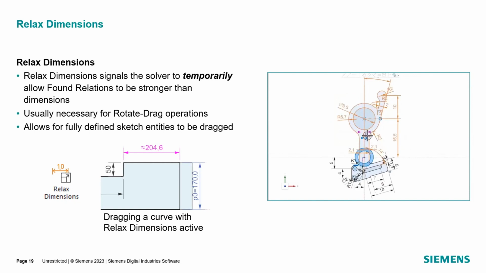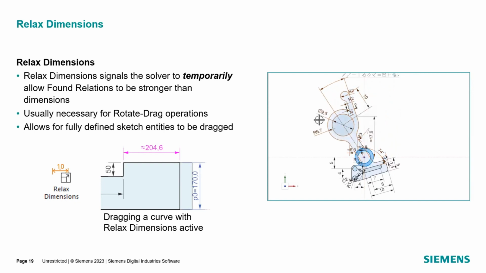So what you saw is I can relax dimensions, I can relax the relations, and you see we're turning those into a state where now I could rotate this thing, right? So there's a rotate and drag operation. And if you had that all constrained with vertical geometry and horizontal dimensions and stuff, you really wouldn't be able to change that design intent drastically from that sketch.